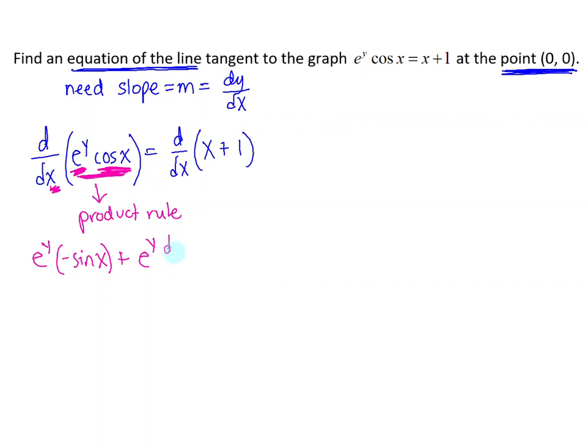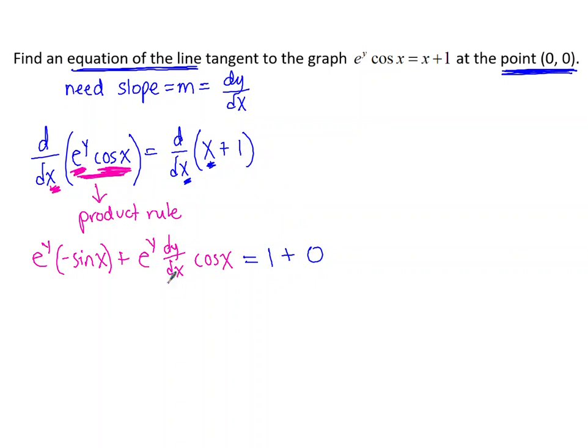So e to the y times dy/dx. Cosine x as is. There's my product rule. The other side of my equation now, derivative of x is 1, derivative of 1 is 0. Notice this is x and this is x, so I don't need a chain rule.